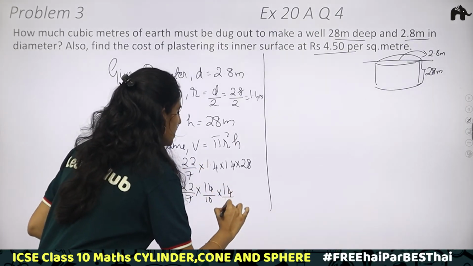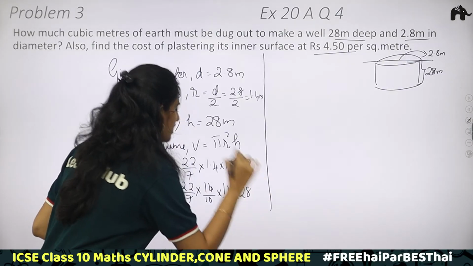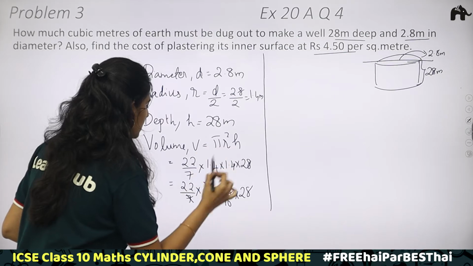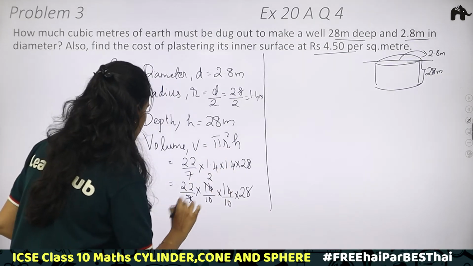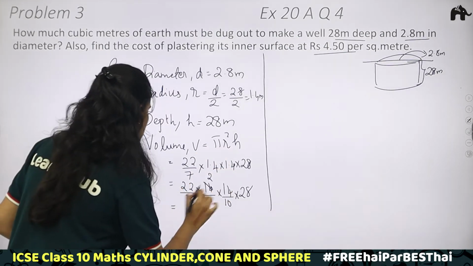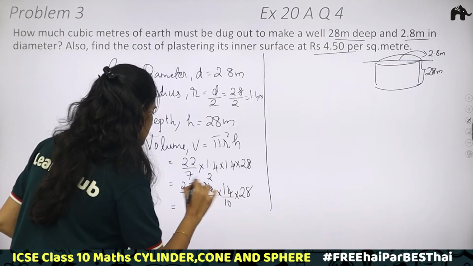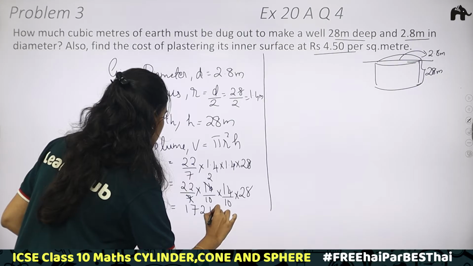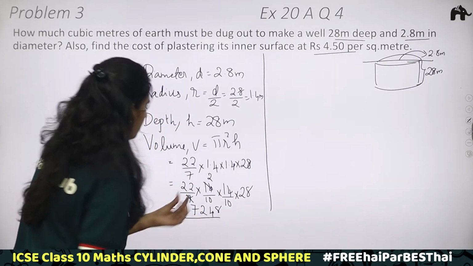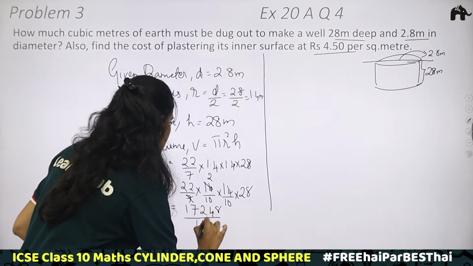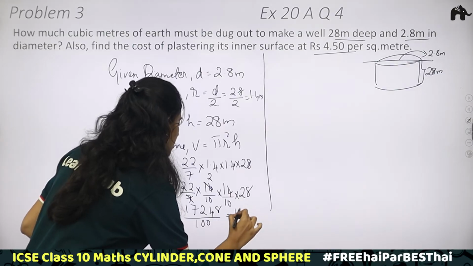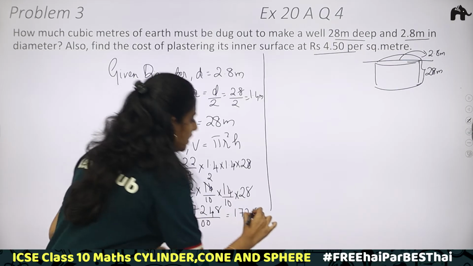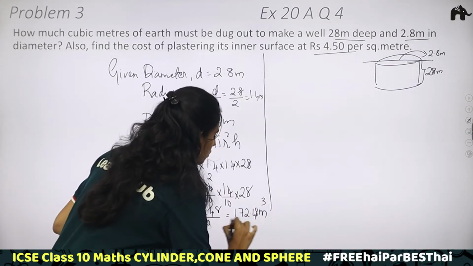Again 14 by 10 into 28. So when you calculate this, 7 and 14 can be cancelled. You get 2 here. So the answer will be 17248 divided by 10 into 10, 100, which is equal to 172.48, and the unit here is meter cube.